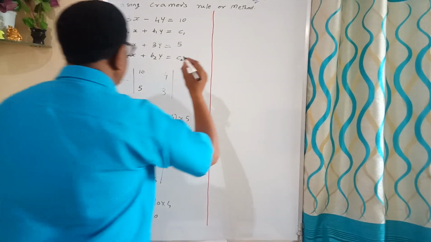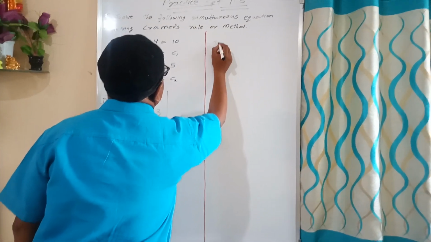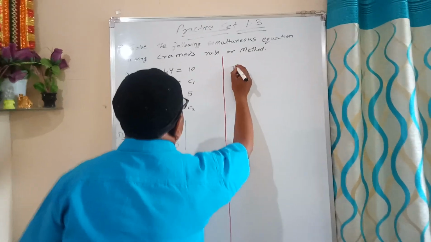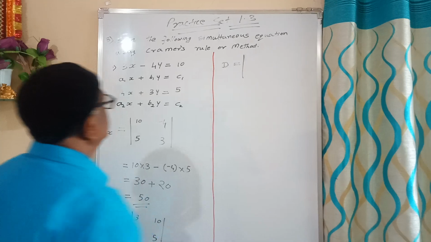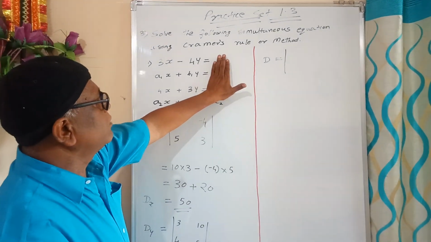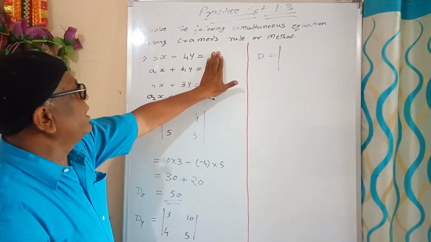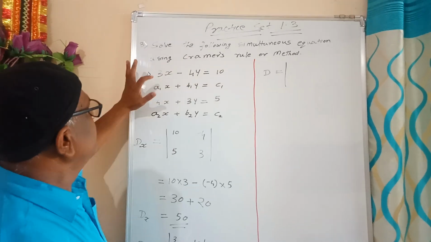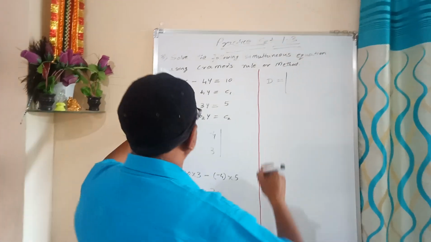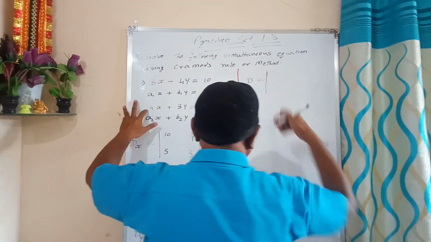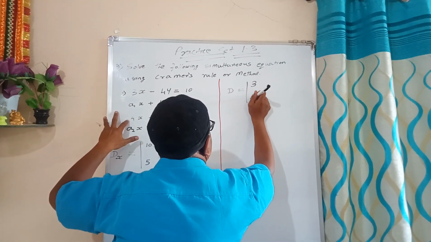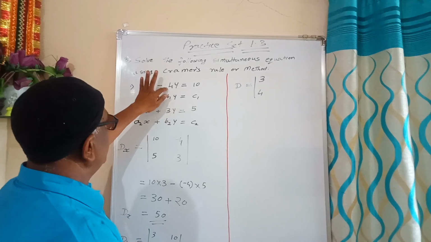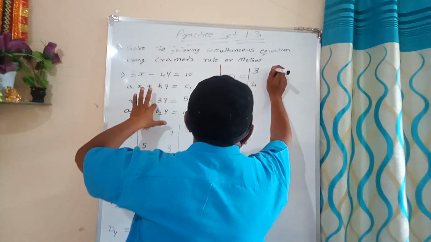Now find the value of d. d is equal to determinant. For d, close the constant terms. Now write the coefficients of x, that is 3, 4, and of y, that is minus 4, 3.